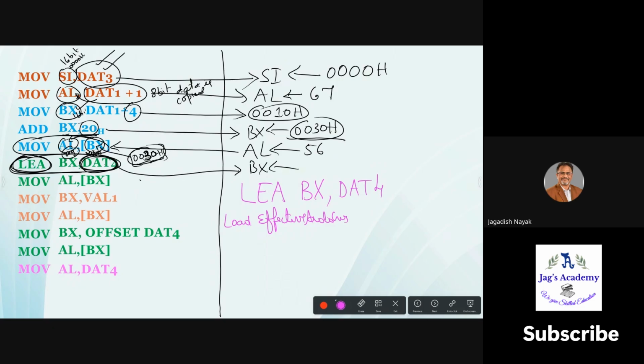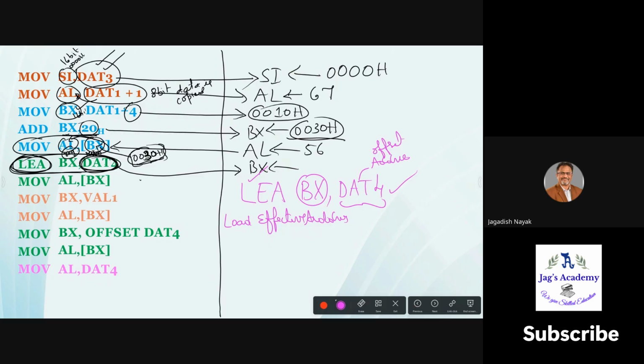What's the difference between LEA and move? In move, it will copy the data from that address. But in this case, it will load the BX register with the address of DAT4, that means with the offset address of DAT4.